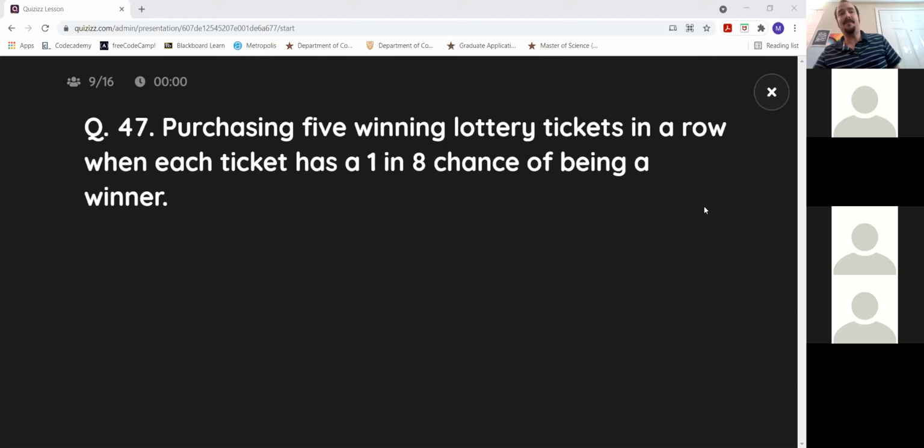Hopefully you realize you're not going to do this, right? Purchasing 5 winning lottery tickets in a row, probably not going to happen. You should be getting a really small number, or maybe a really large denominator, is another way to say it.